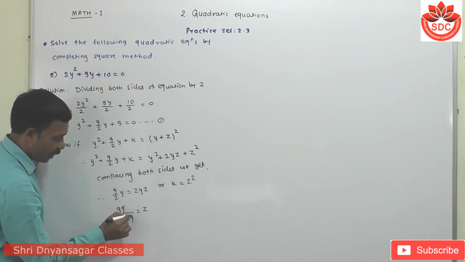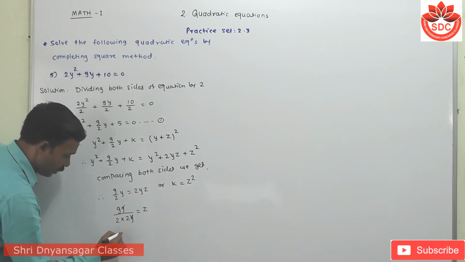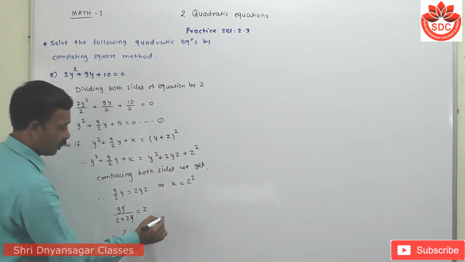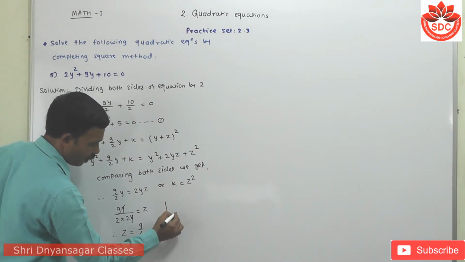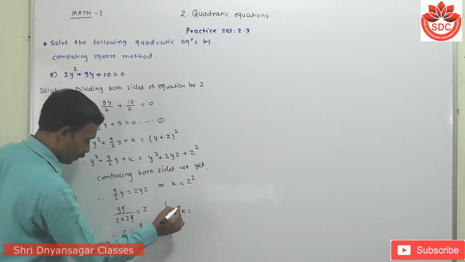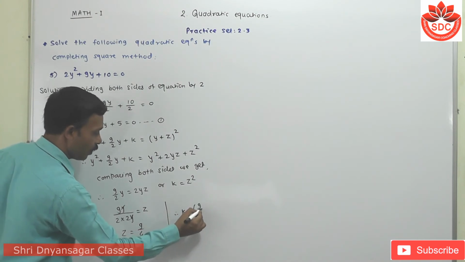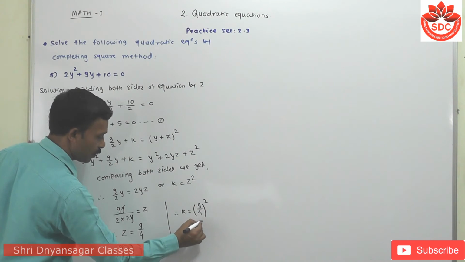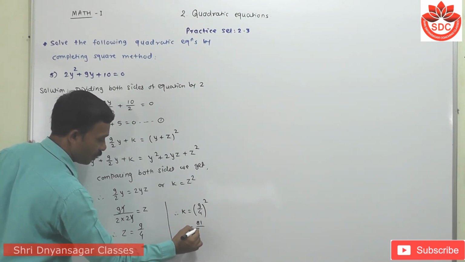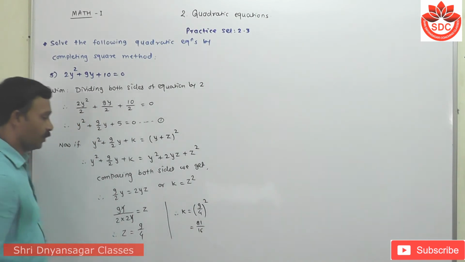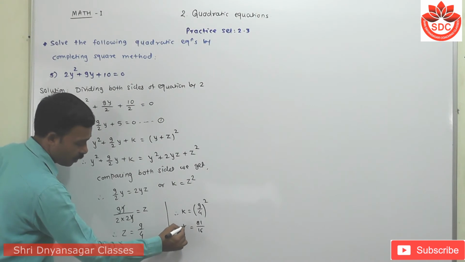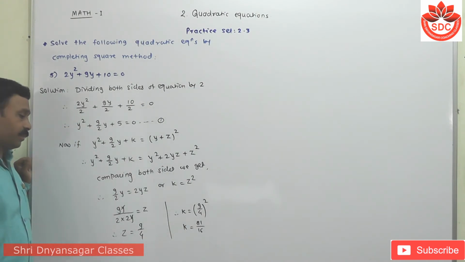Then y gets cancelled, so z is equal to 9 upon 4. Therefore the value of k is z square, meaning 9 upon 4 bracket square, which is 81 upon 16. 9 square is 81. This is the value of k.